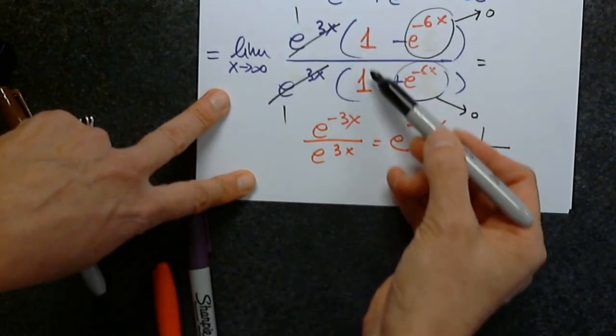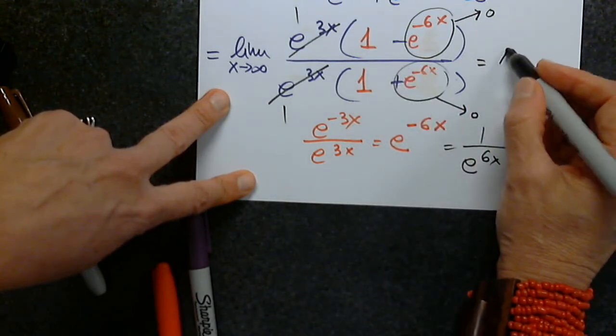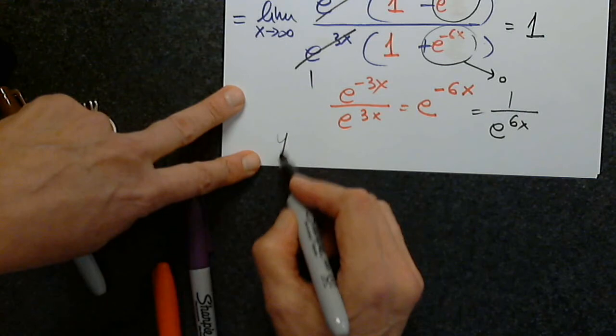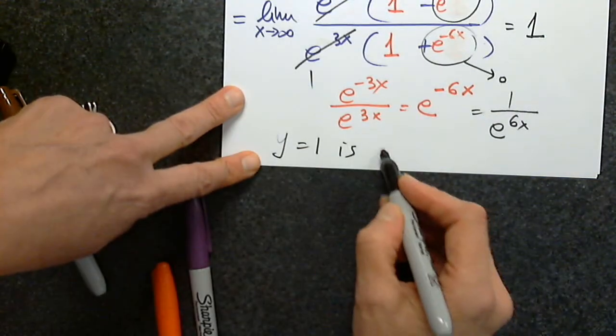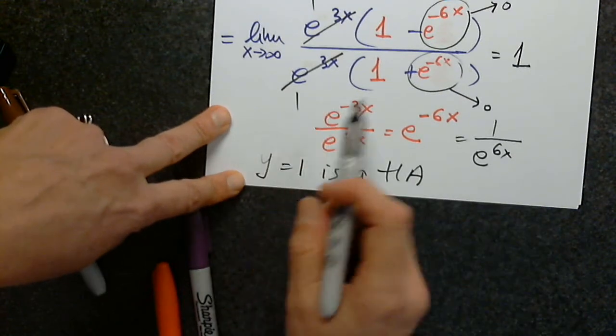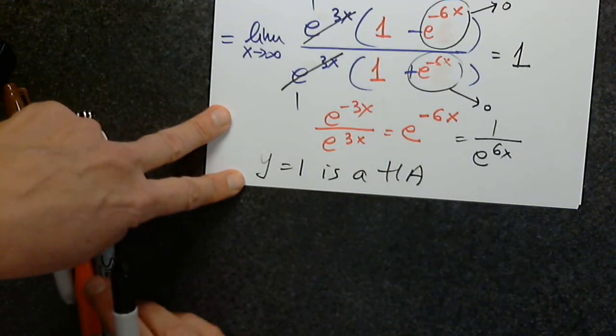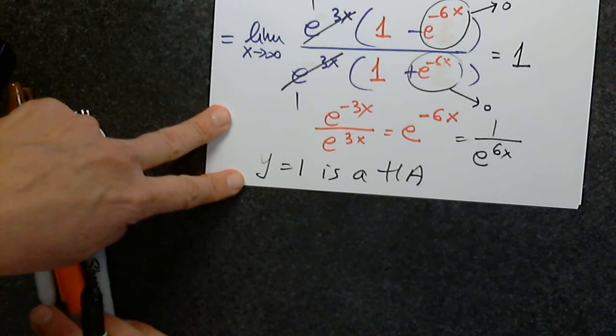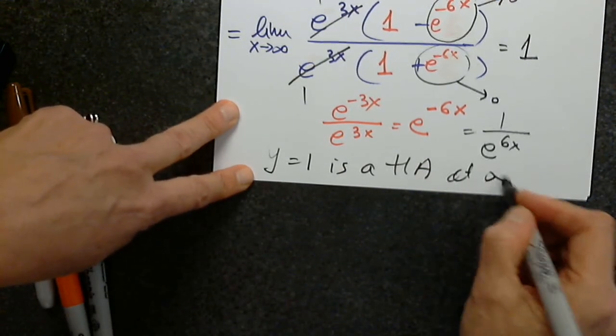So then what is left is 1 over 1, so the answer is 1, which means y equals 1 is a horizontal asymptote. Yes, I would say at infinity, but this function, it doesn't really matter. But I'll say at infinity, because we haven't checked the other one.